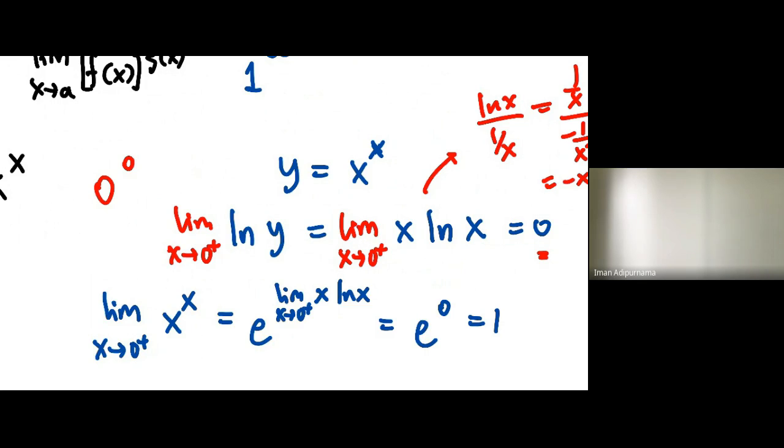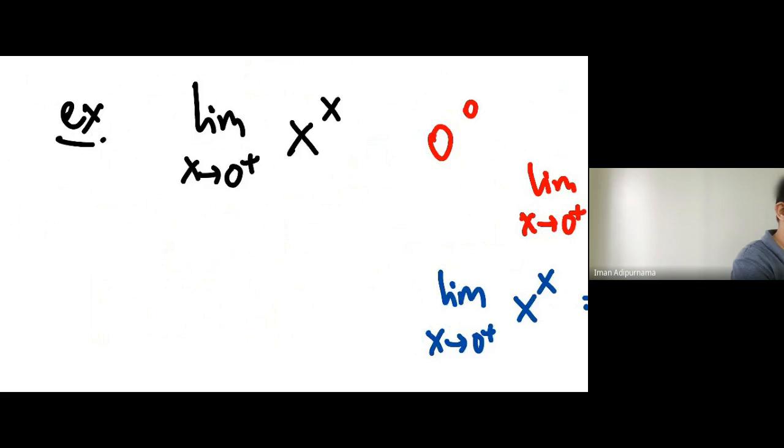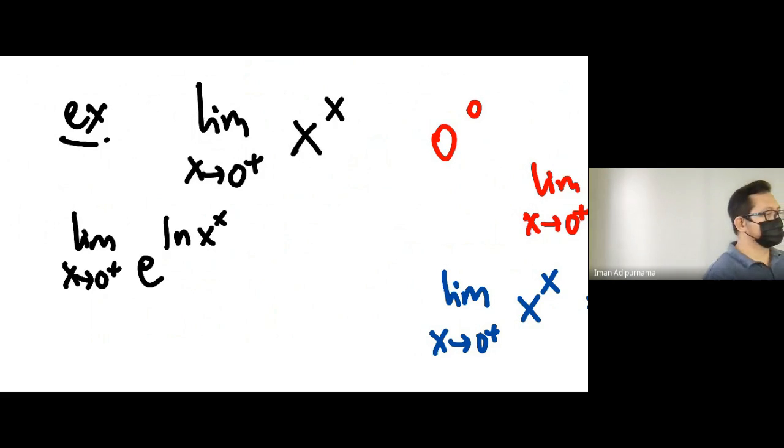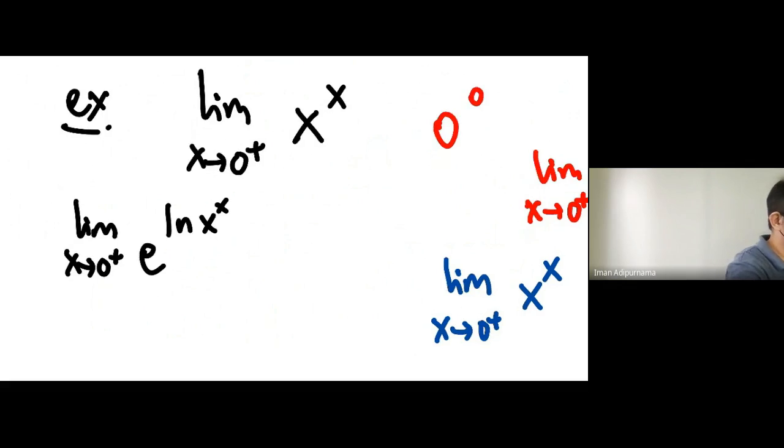Or we can make a direct approach. You can first find the ln first, or we can directly write this like this.